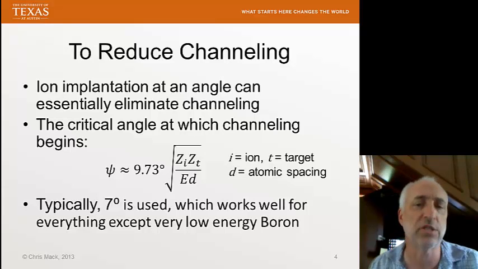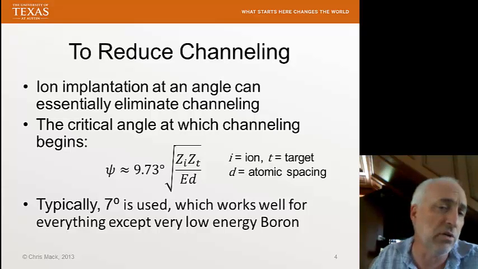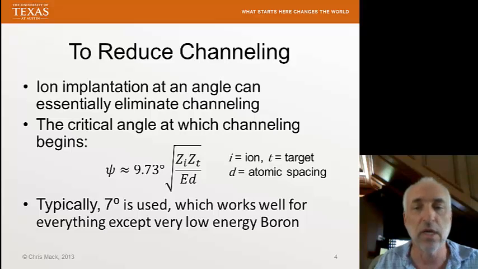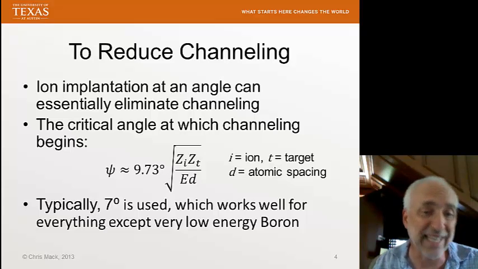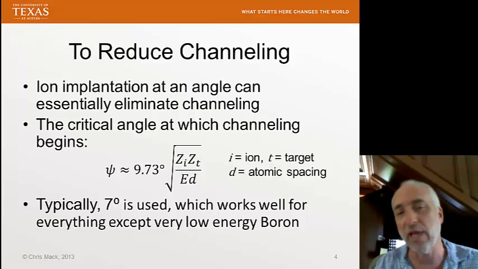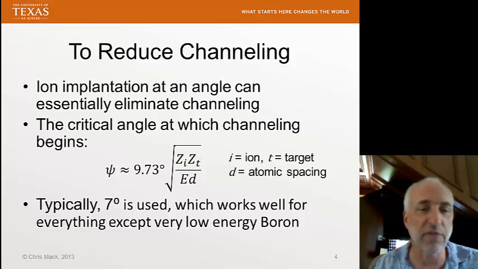Typically 7 degrees is used because this critical angle is bigger than 7 degrees for essentially all the ions and energies that we're interested in, with the exception of very low energy boron implants. Sometimes with a really low energy boron implant, this won't be a big enough angle, but essentially this is good enough.